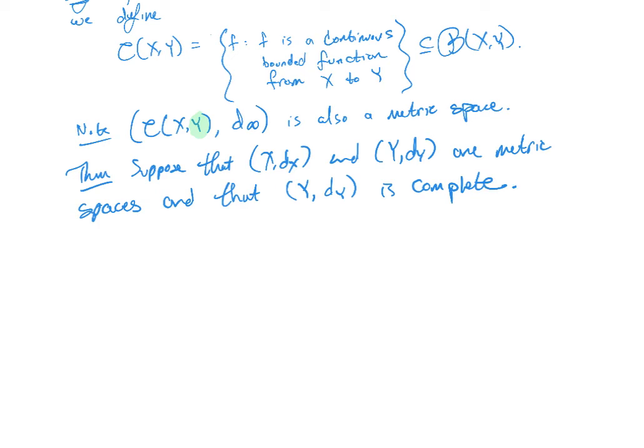Remember, the definition of complete is that sequences that should converge, do converge, or Cauchy sequences converge. Then our theorem says, in the uniform metric, the space of continuous functions from X to Y is also complete.